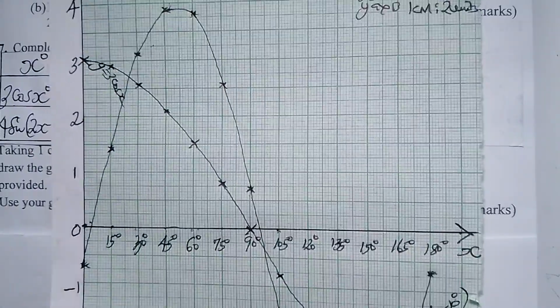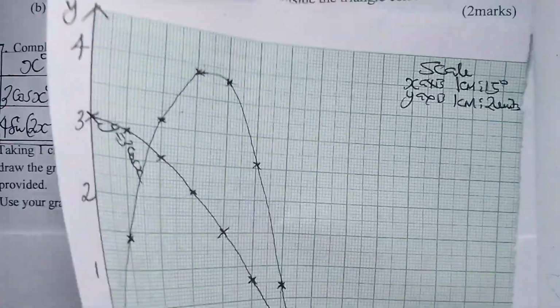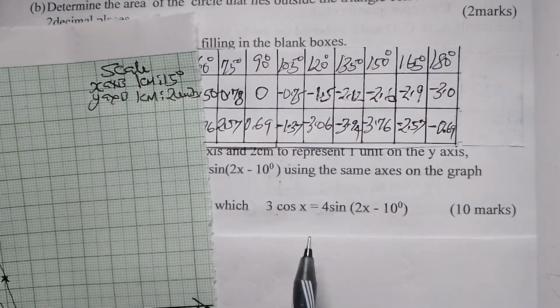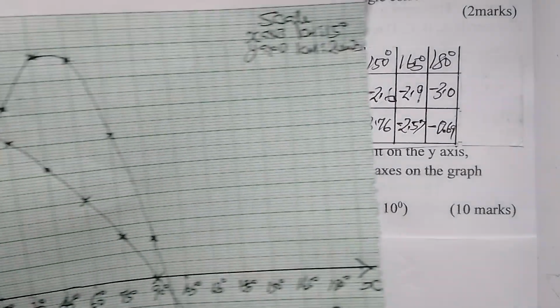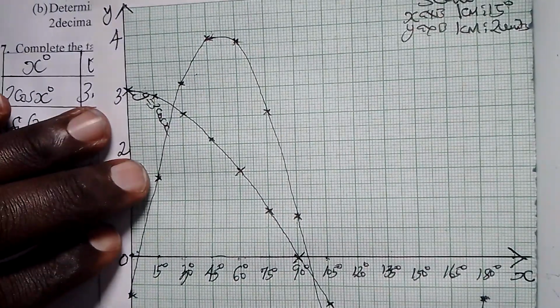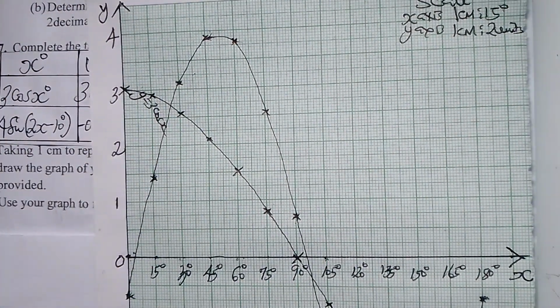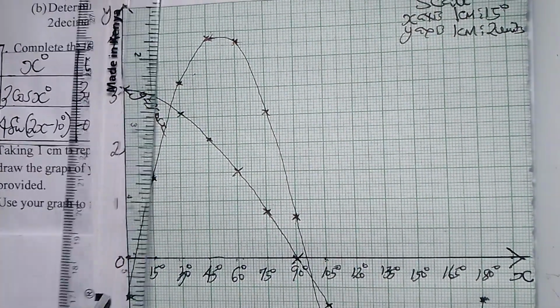To solve our function where 3 cos x is equals to 4 sine 2x minus 10, we now need to consider where the two graphs intersect.